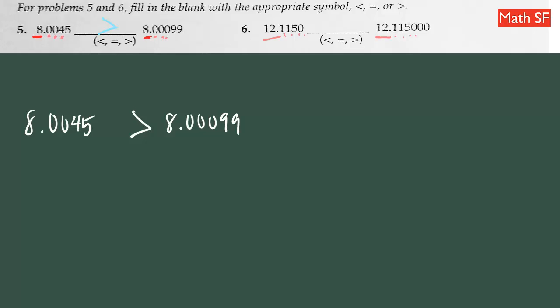But let's recall that whenever we're dealing with decimals, you can have as many zeros as you want on the end part of it. Since we can have as many zeros as we want, let's keep comparing. There will be 0, 0, 0, 0, 0, 0, and it ends up being that these two numbers are actually the same.